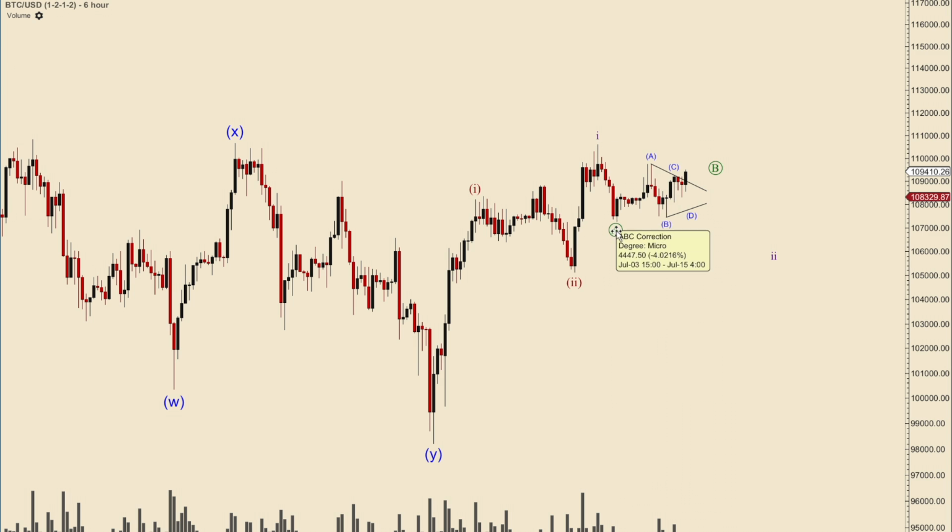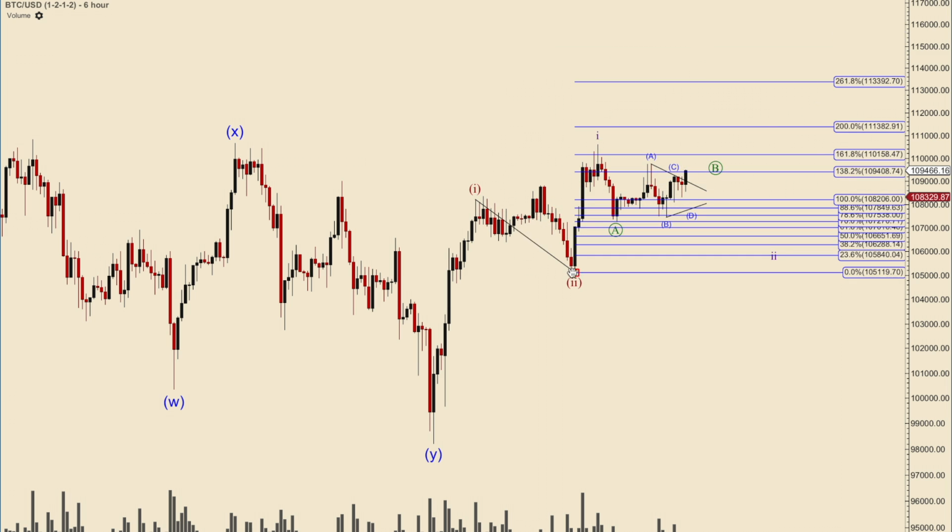And if this is a correction, then this is unlikely to be a 1, 2, because we can't have a 1, 2 and then an A, B, C, because then we are moving up here to 161.8 as an expanded flat, and that is very low probability that it's an expanded flat.